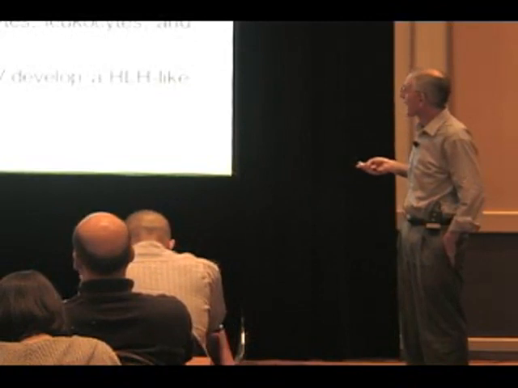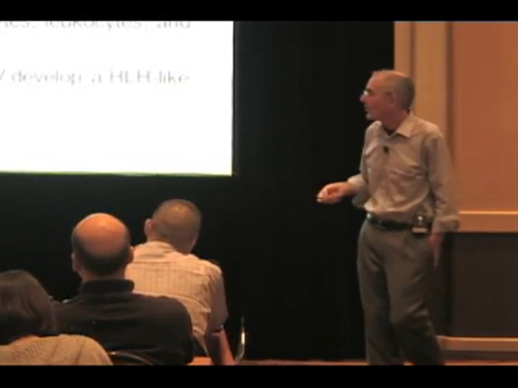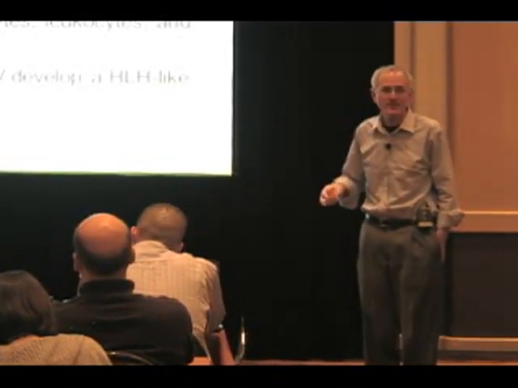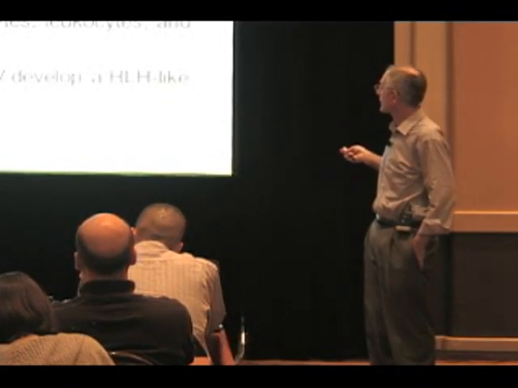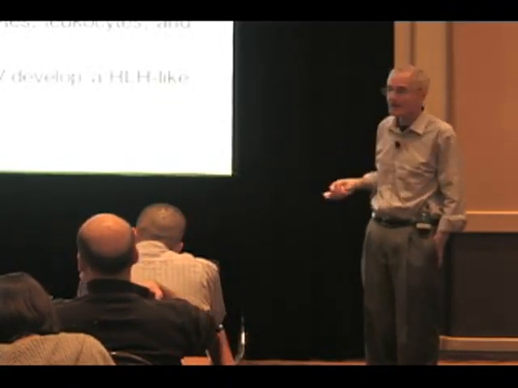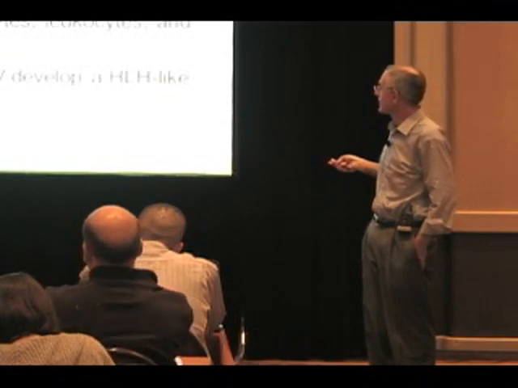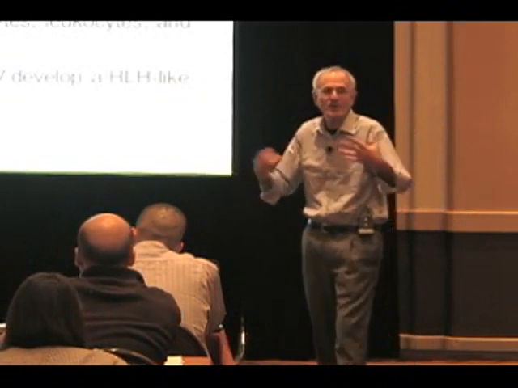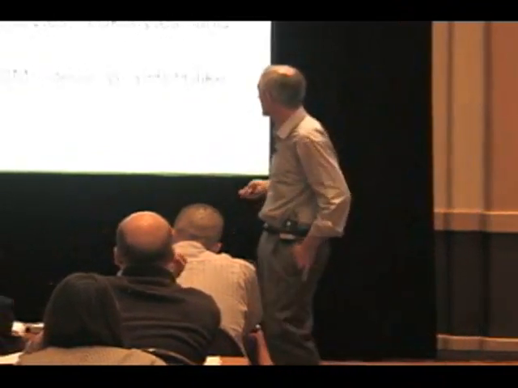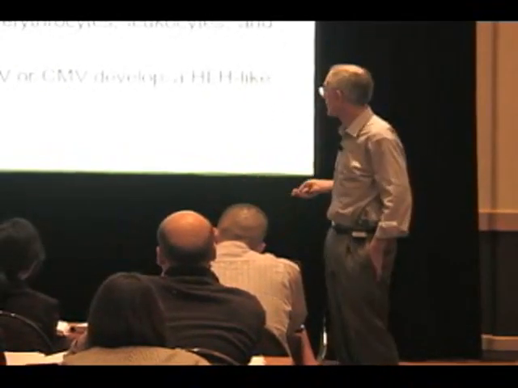What happens in these people who cannot mount a good CTL or NK response is they get uncontrolled activation of both CD4 and CD8 T cells, largely by cytokine production. This leads to abundant macrophage activation and proliferation. These macrophages eat the patient's own cells. That's the hemophagocytic component to it.